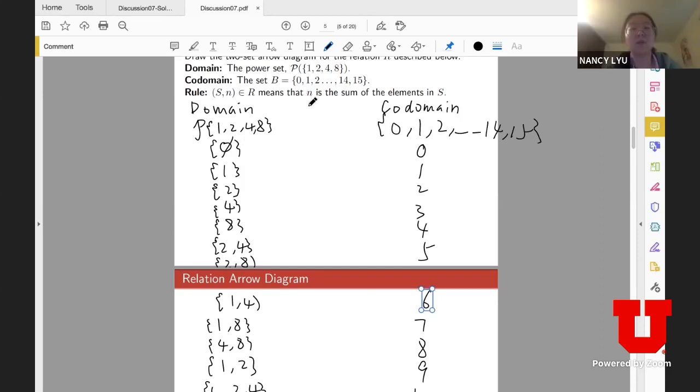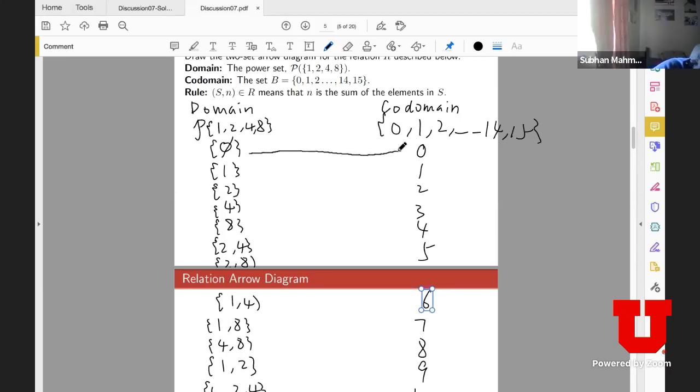Okay. So how are we going to match the domain to the codomain? Because remember, our rule is n is the sum of the elements in S. So here are your elements in S, all the sets we have here, and here's the n. Which element does the empty set map to? 0.